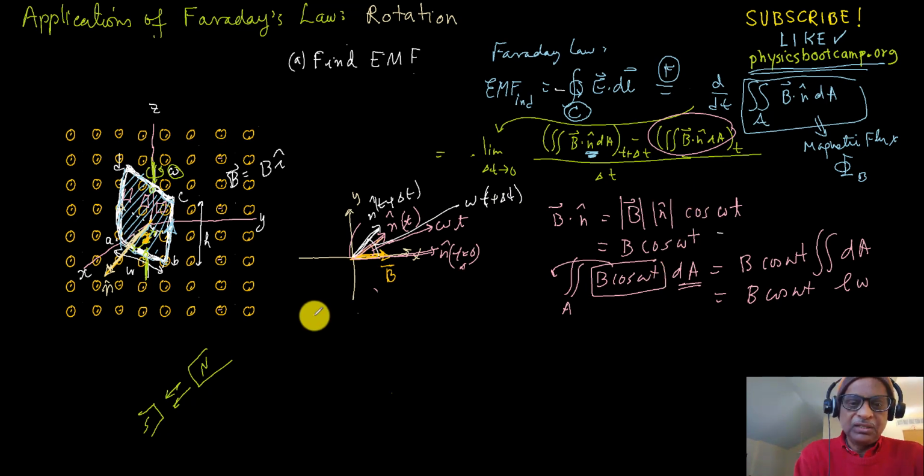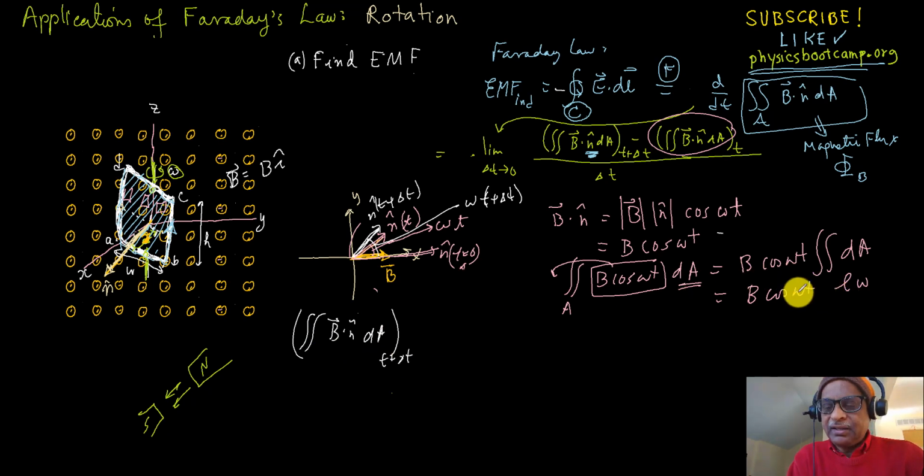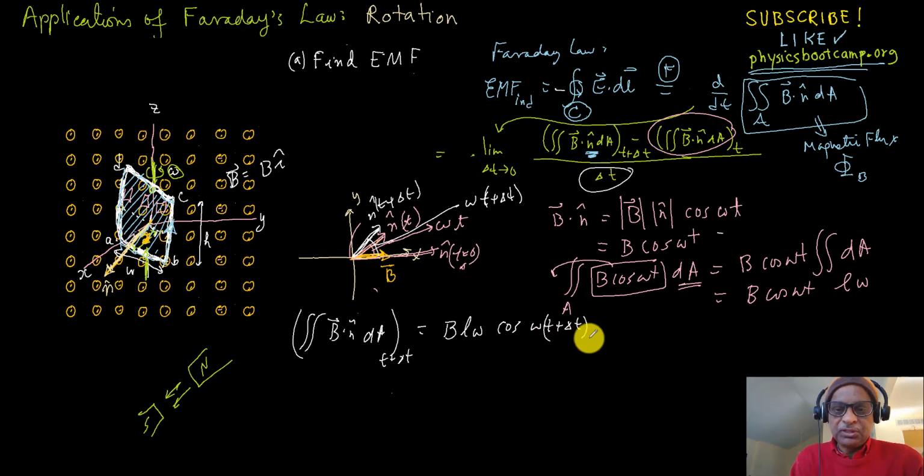So the integral of B dot n hat dA at t plus delta t will be identical to this, except t will be replaced by t plus delta t: B l w cosine omega (t plus delta t). And we're interested in delta t going to 0, so let's expand this.